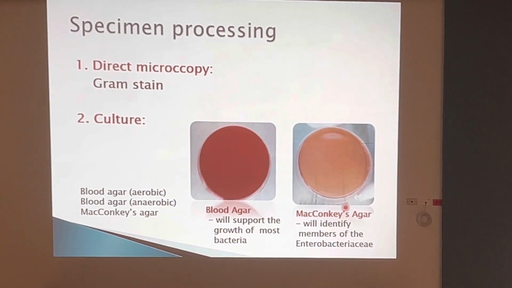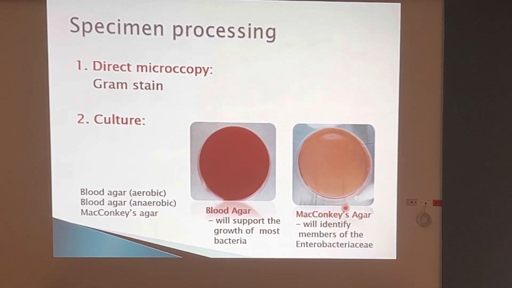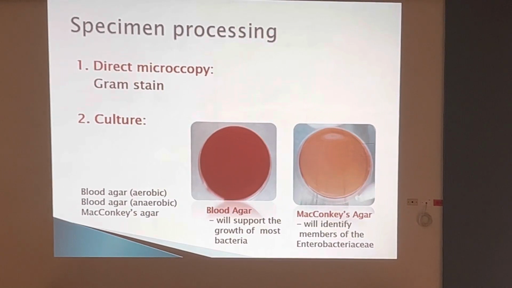Non-lactose fermenters on MacConkey will turn a pale yellow or straw color, like urine. That's what your non-lactose fermenters will look like. And when I say lactose or non-lactose, lactose is incorporated into the media. So if the organism is able to ferment the lactose, it turns the media as well as the colonies pink. If it does not, it turns the media as well as the colonies a pale yellow or straw color.